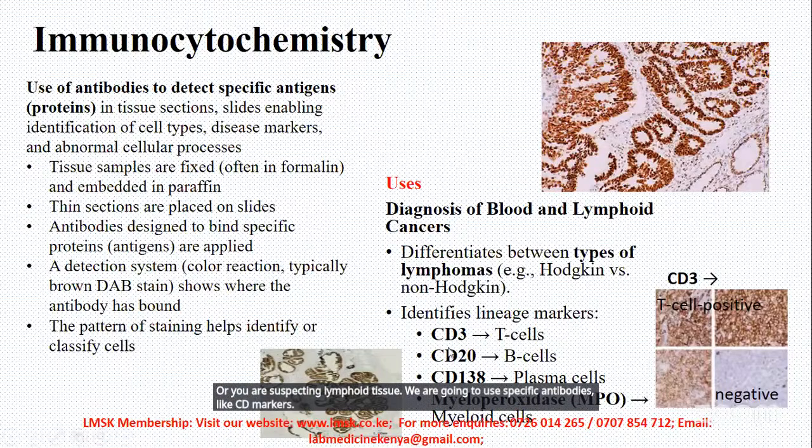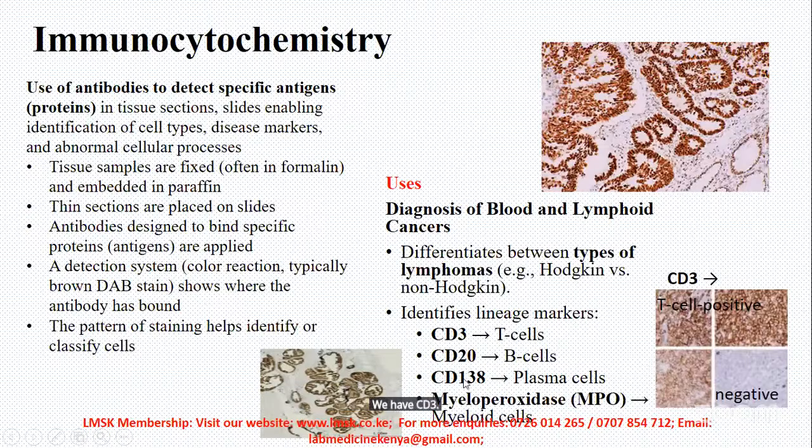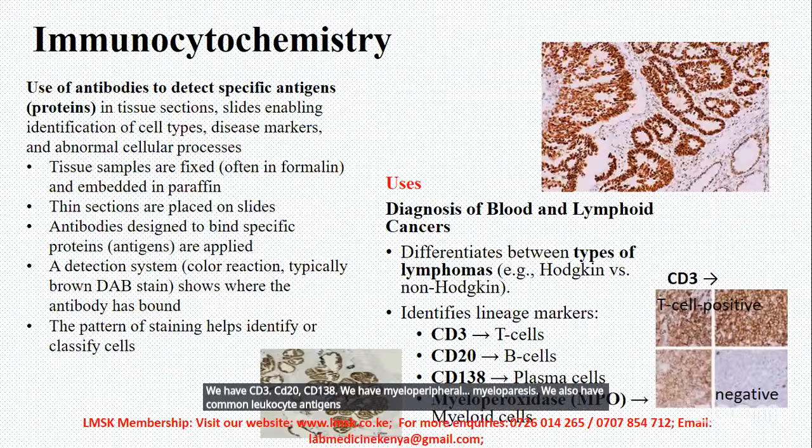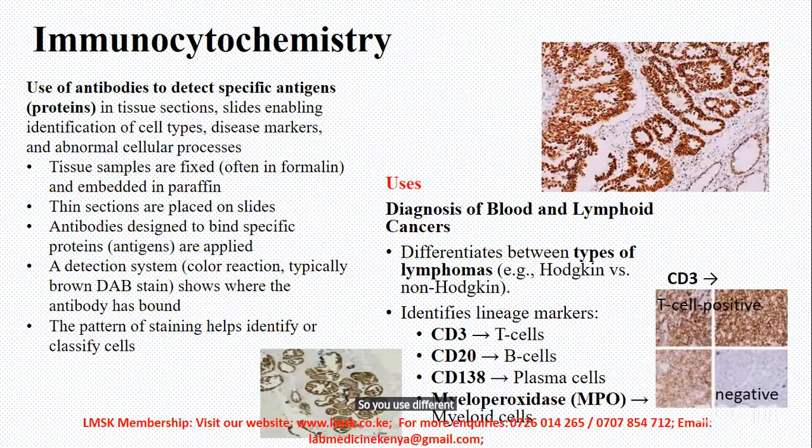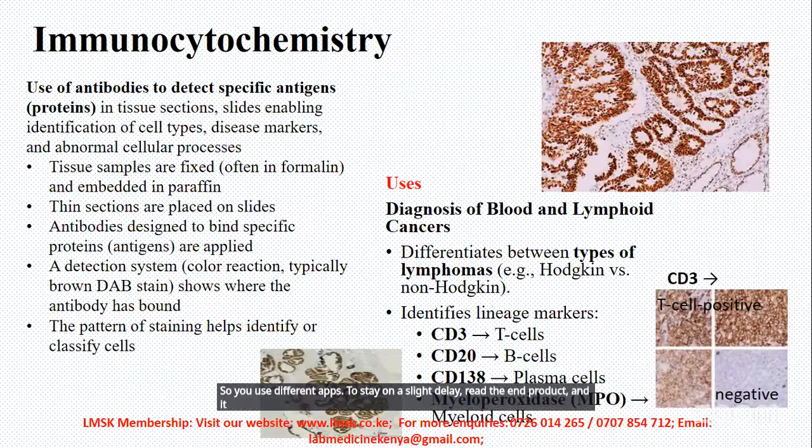We have CD3, CD20, CD138. We have myeloproliferative markers. We also have common leukocyte antigens for all the white cells. So you use different types to stain on a slide, then you read the end product. And it will be a very beautiful pattern.